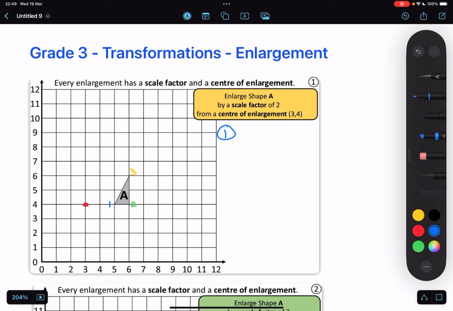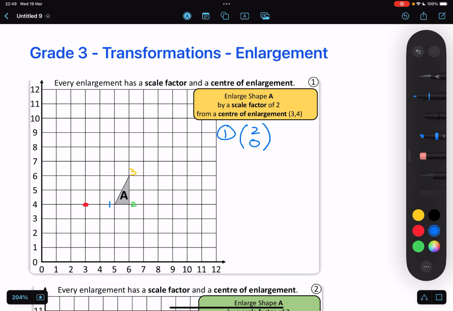Well, we can see from the center of enlargement, we go 2 to the right. So if we go 2 to the right as a column vector, only 2 to the right will be 2. And we're not going up or down to get to 1. So it's 2, 0.